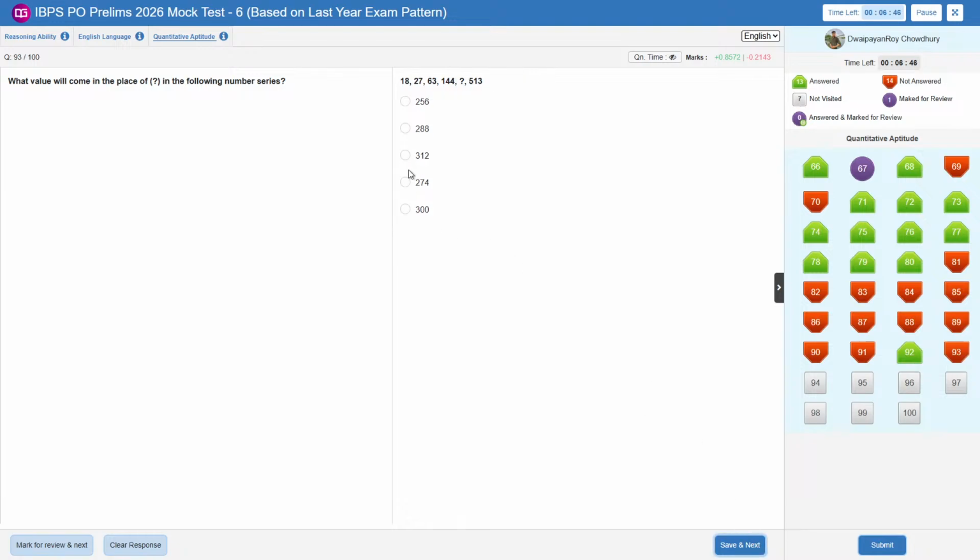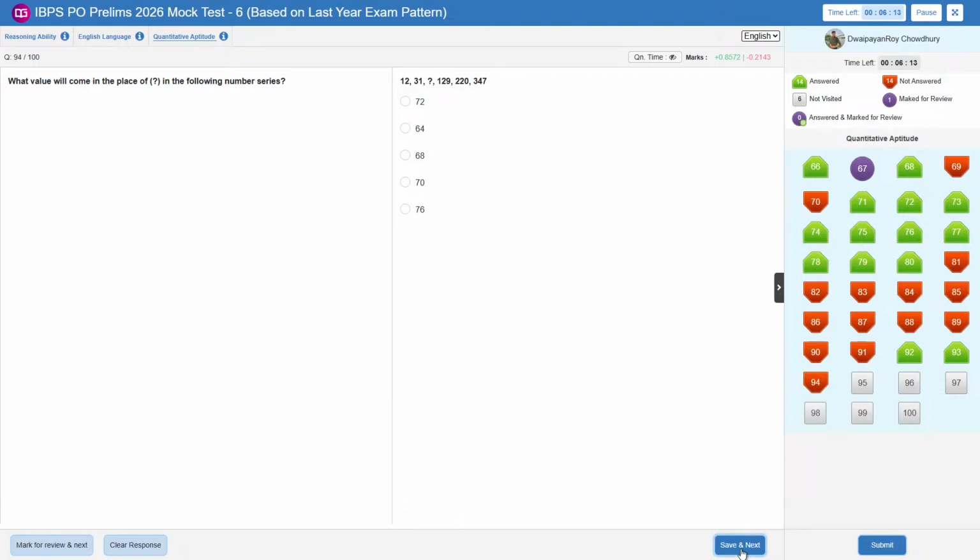Okay, so 9, 18, 27, this, I don't know. Okay, so then 9, then 36, then the gap is of 1 and 8, 81. So it is 9, 9 into 4, 9 into 9. So 9 into 16 is 144. So 288.